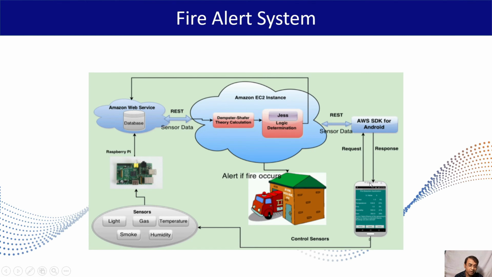Your mobile phone will send a request for data and receive the response from the EC2 instance through the AWS SDK for Android. And the EC2 instance also sends an alert to the fire brigade if fire occurs, by which the fire brigade can take immediate action.